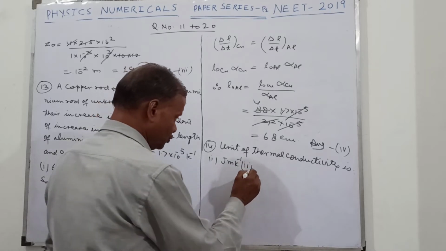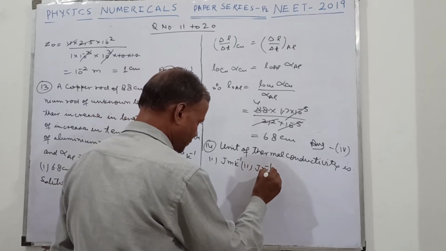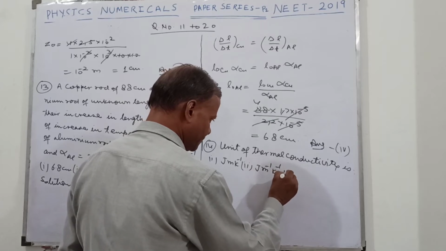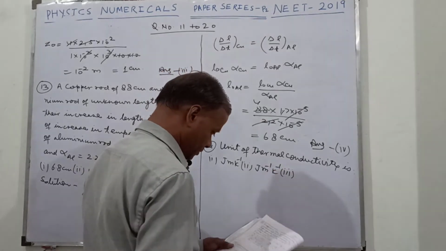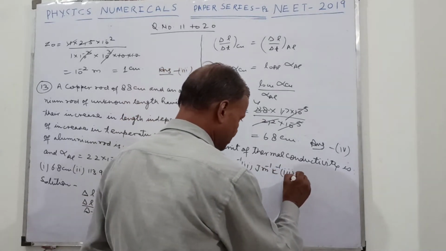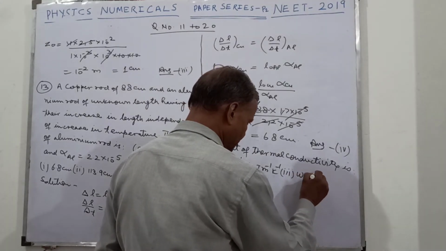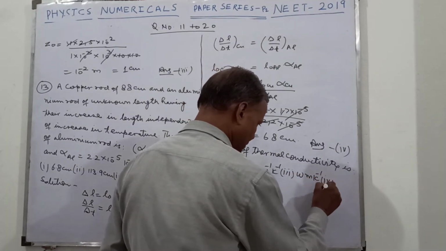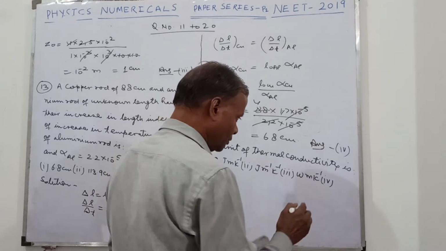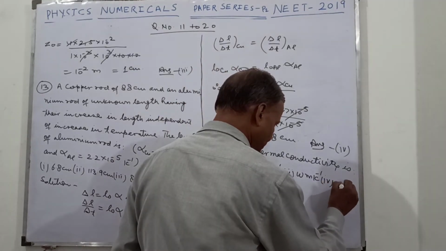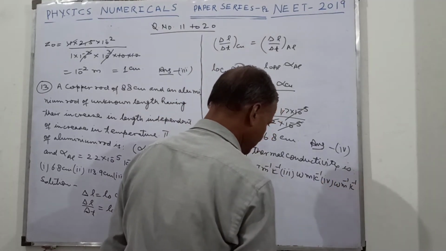Second, joule per meter per Kelvin. Third, watt meter per Kelvin. And fourth, watt meter minus 1 K minus 1.